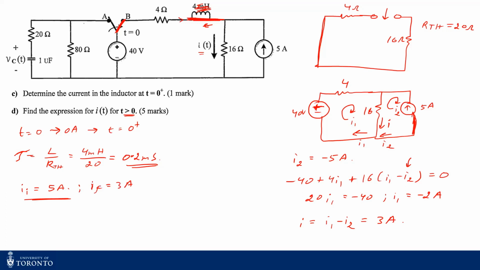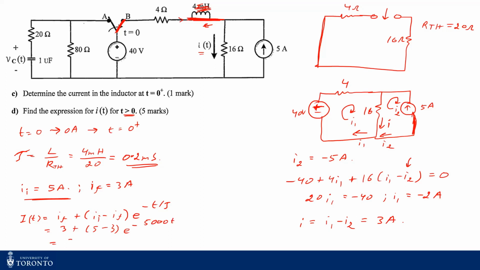So now I'll just plug into the equation: I final plus (I initial minus I final) e power minus t by tau, which is basically 3 plus (5 minus 3) e power minus 5000 t.